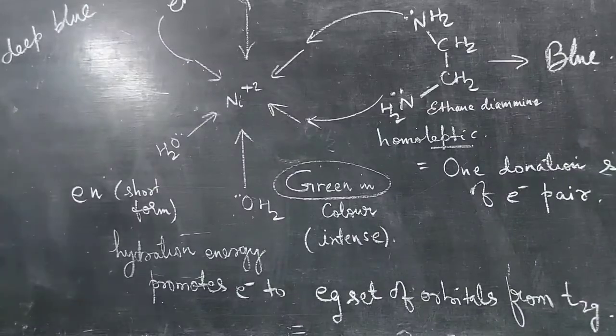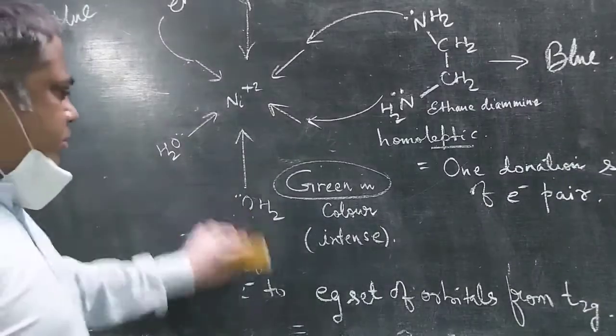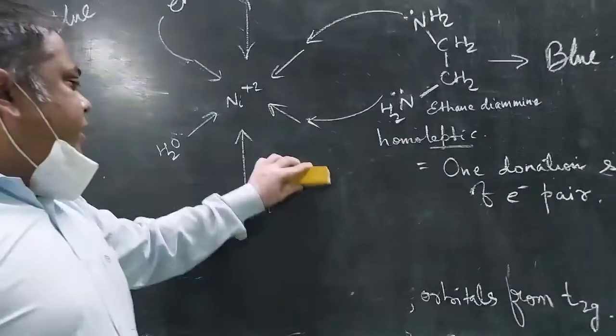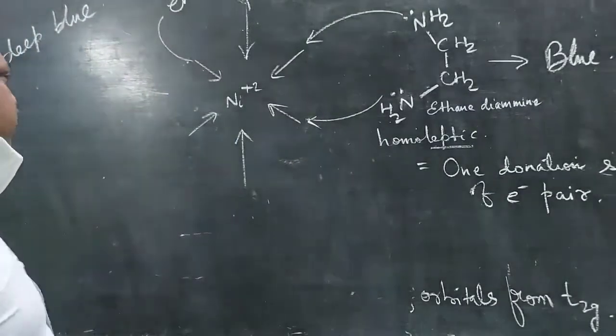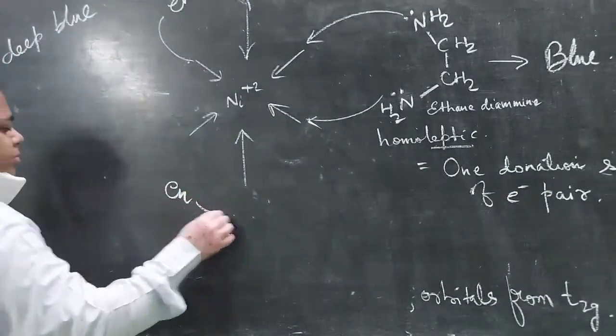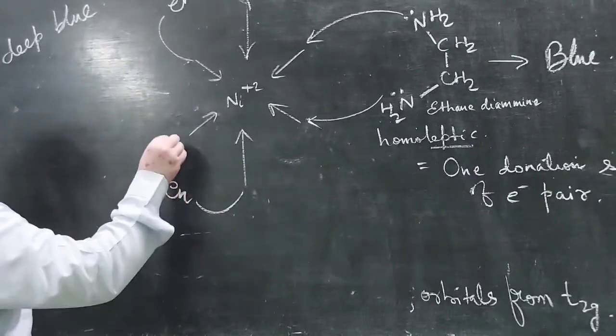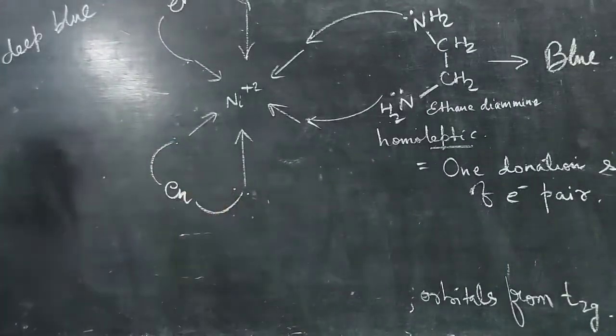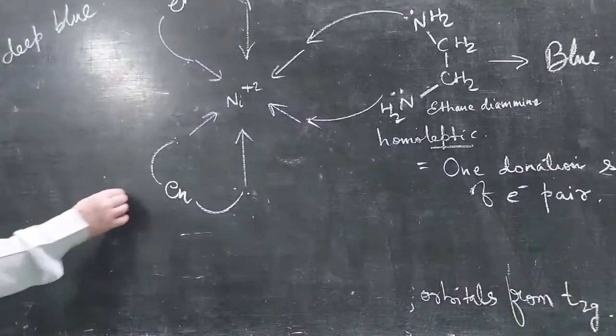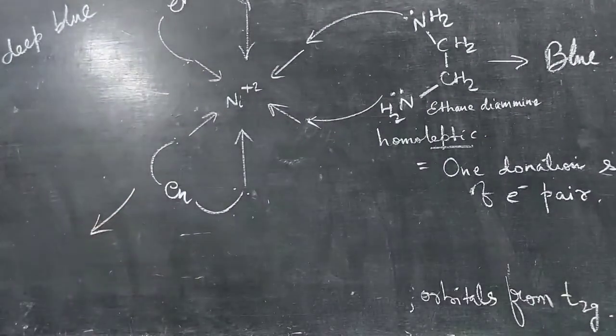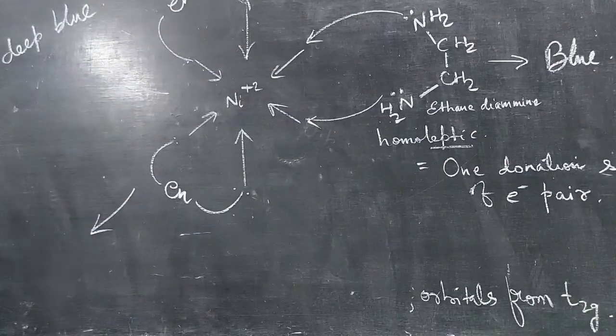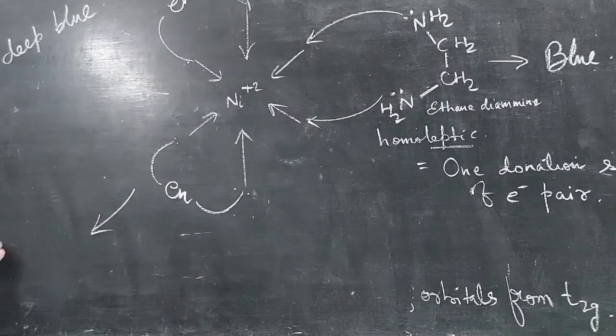Again, if I substitute these two also with another en, then it will become faint pink.